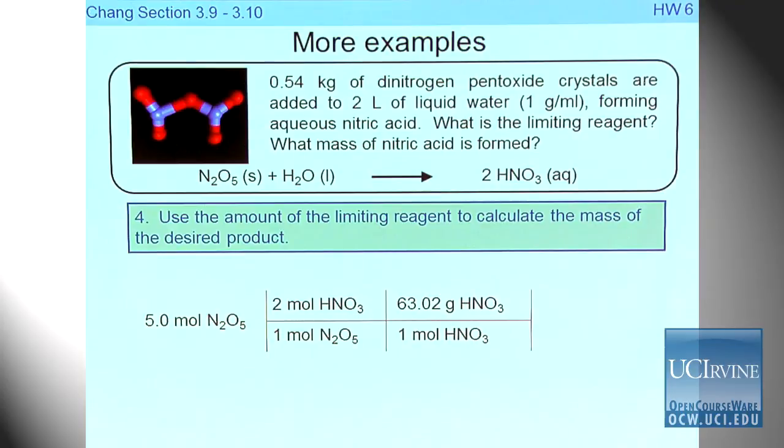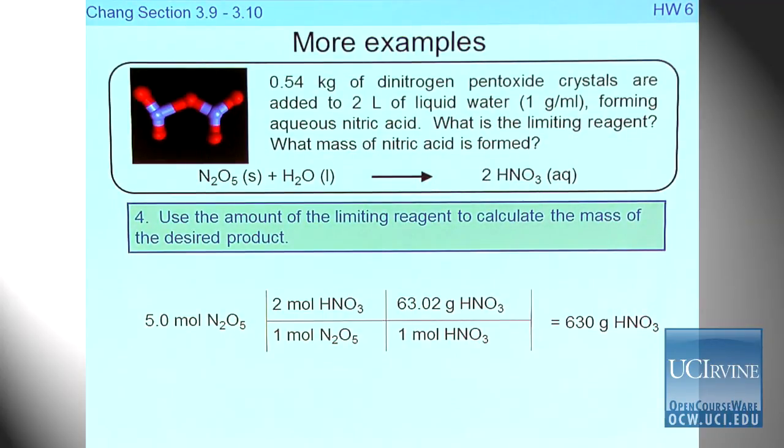10 moles times the molar mass of nitric acid gives you the amount of grams of nitric acid. Same steps as we took before. From moles of one compound to moles of another compound through the mole ratio, multiplying by the molar mass of your final compound.